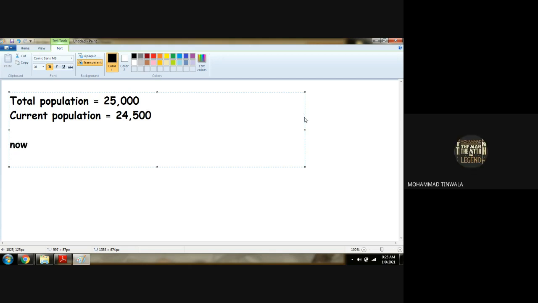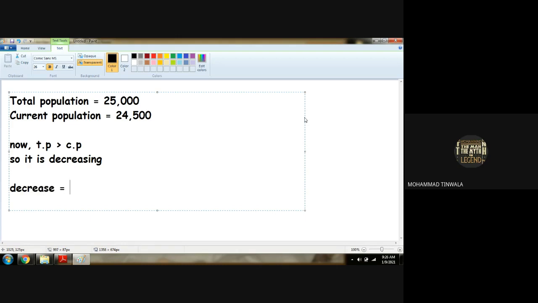Now total population is greater than current population? Yes. See, I have written the short form TP and CP, which is not cost price and selling price. Total population is greater than current population, so it is said to be decreased.